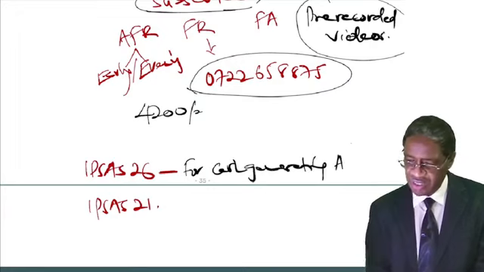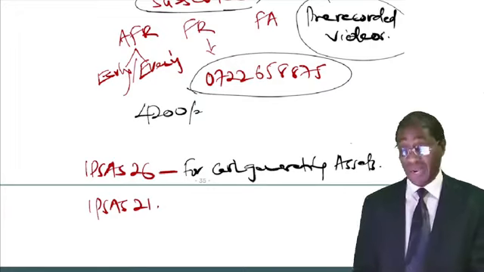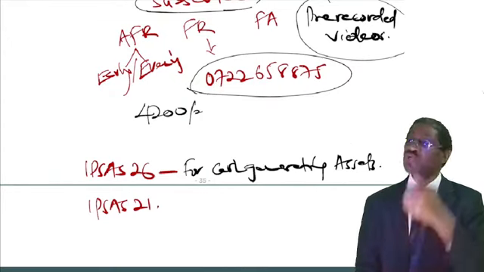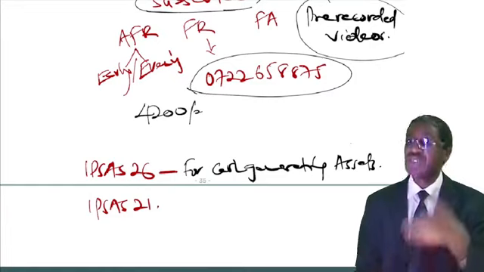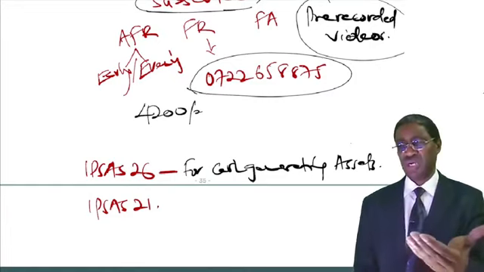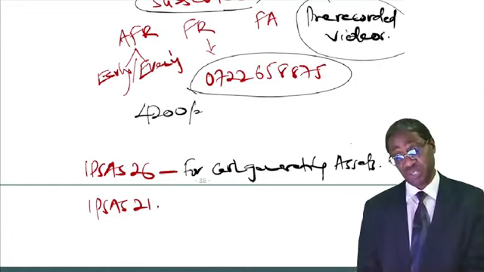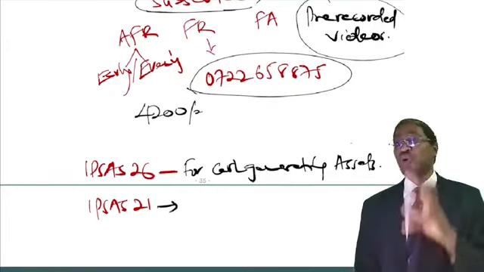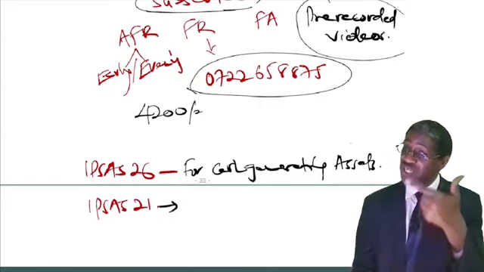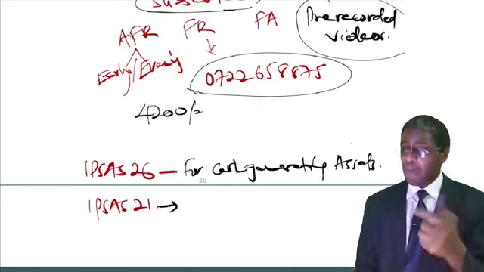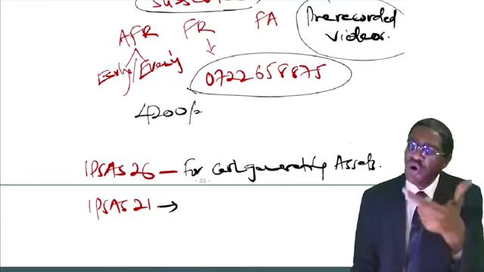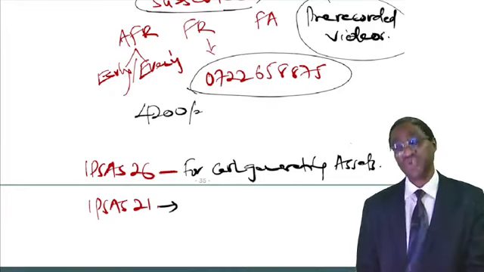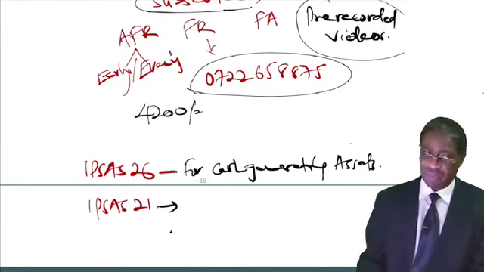Otherwise, if you as a public sector entity have an asset which you want to test for whether it has suffered an impairment loss or not, but that asset cannot generate cash flows, then use the principles of IPSAS number 21.